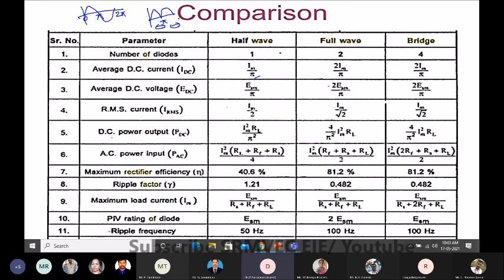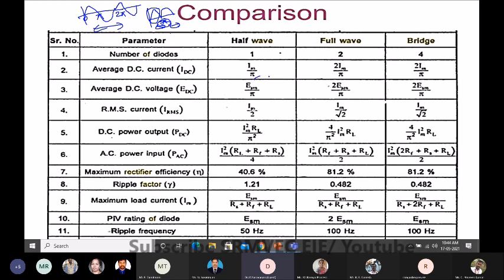So when integrating, we take only up to pi, whereas in the input it goes up to 2 pi. The calculation with respect to the input will be up to 2 pi, the time period, whereas in the output this pattern repeats again and again, so your time period is with respect to pi.